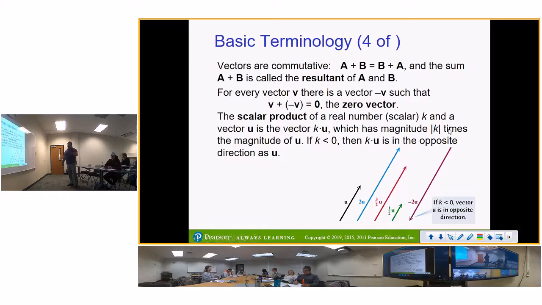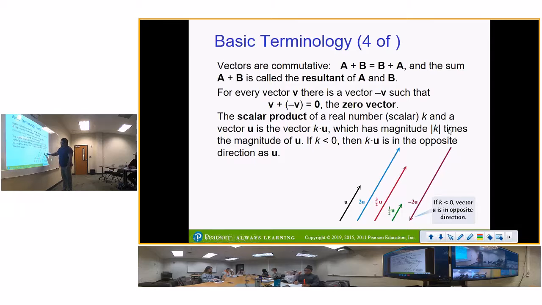A scalar product, you can multiply. We'll get into that with unit vector. Unit vector is the magnitude of the vector divided by the magnitude of the vector, basically 1. And we'll get to that. All right? So these two would cancel each other out.